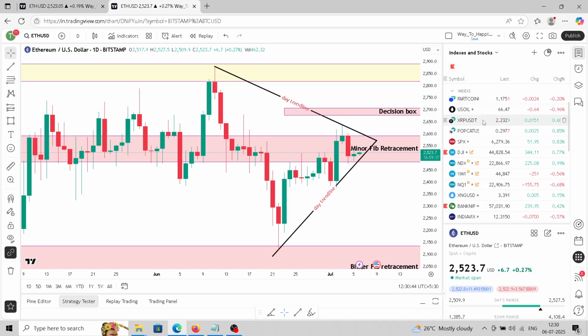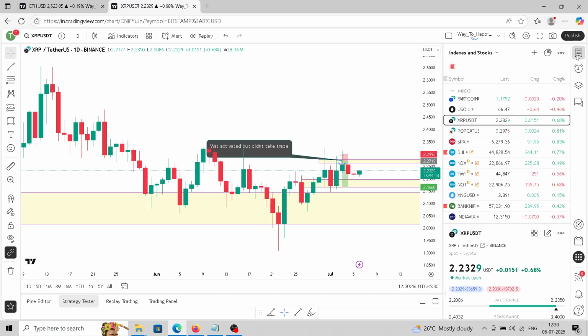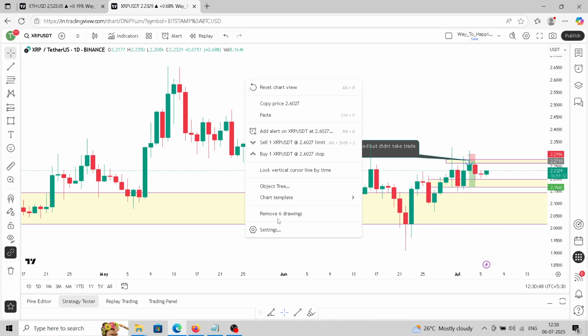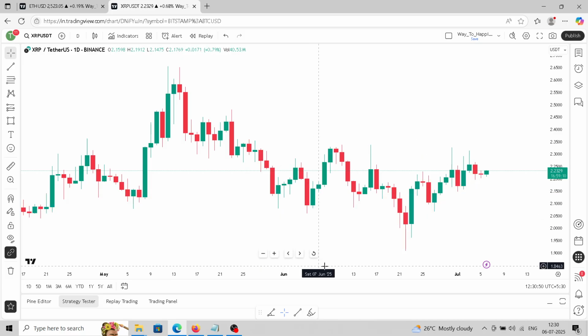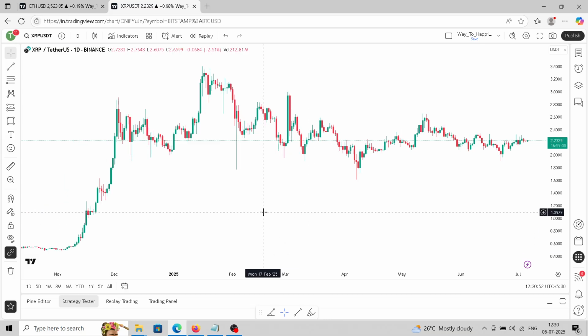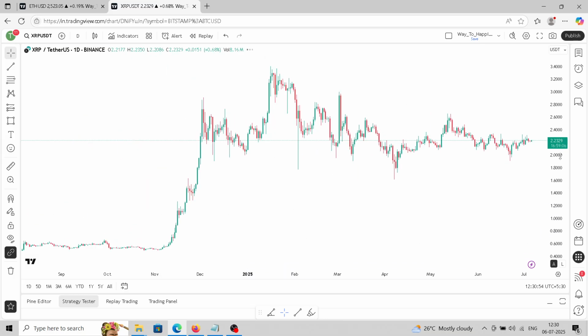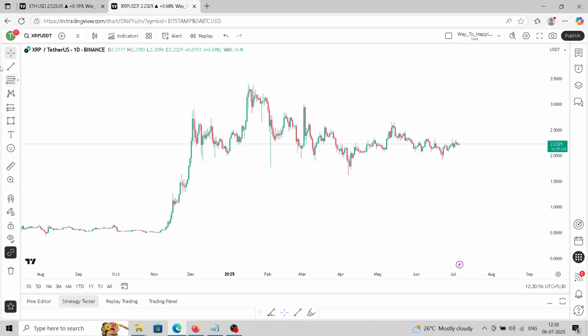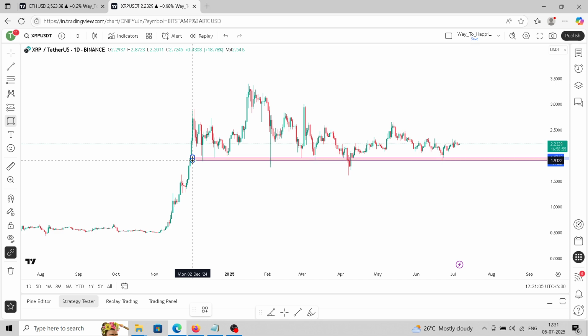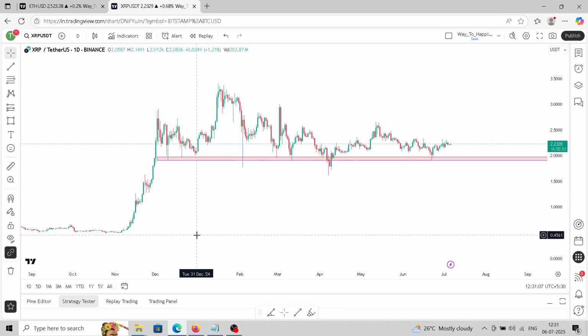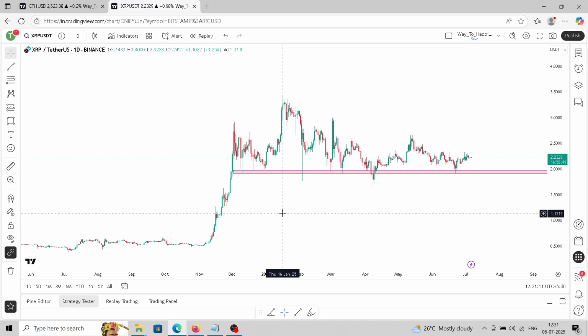Okay, let me take you to XRP and let me delete this. XRP on a daily time frame, it's here. Okay, here. 1, 2, 3. On a daily time frame, XRP is here.